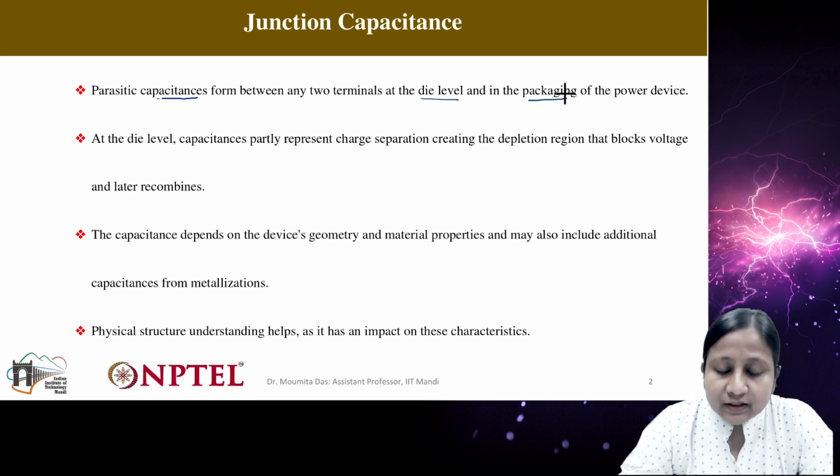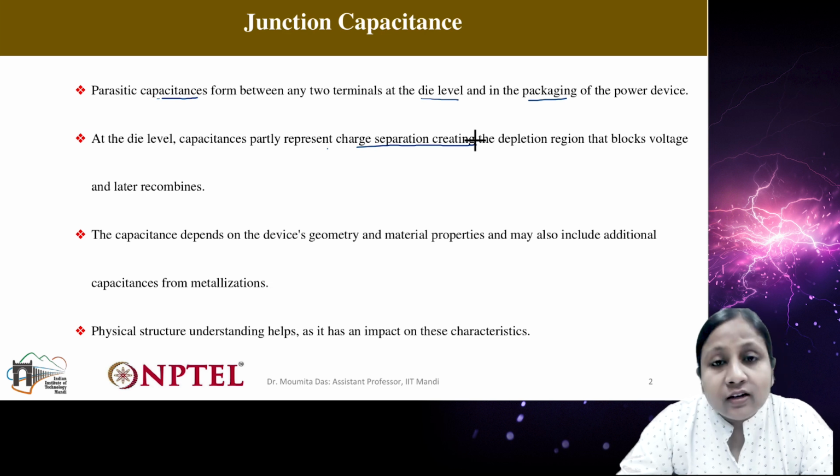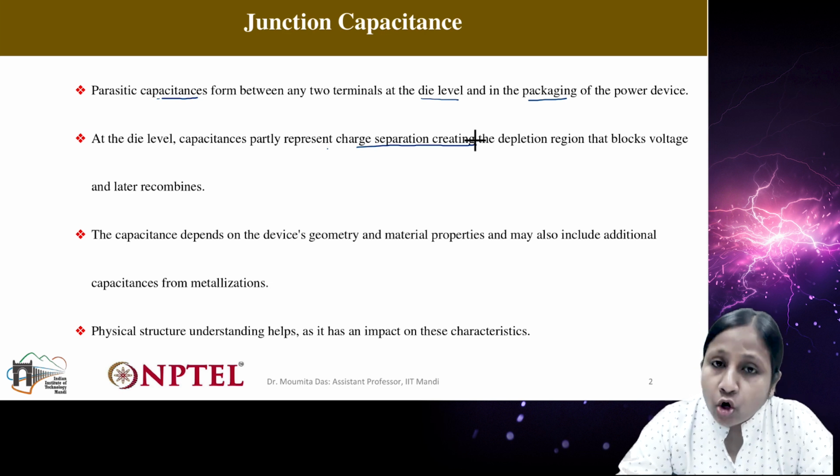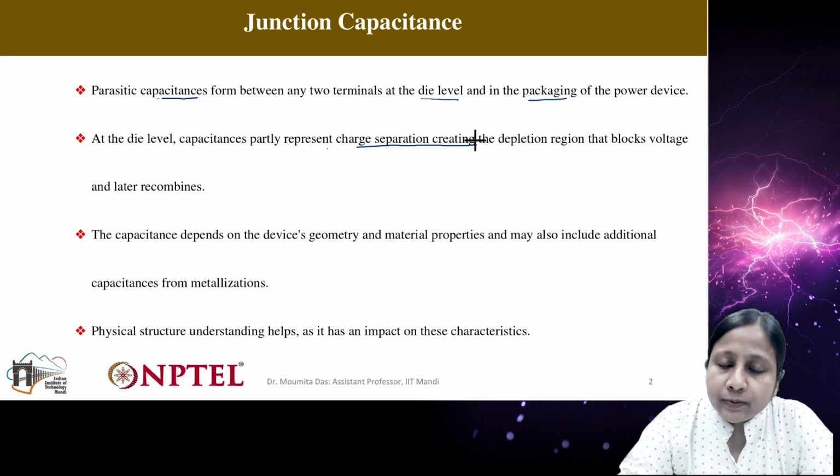At the die level, these capacitances partly represent charge separation, which creates the depletion region that blocks the voltage and later recombines. So it is present inherently in the device. We are not adding this, and there is no other reason to form these capacitances.